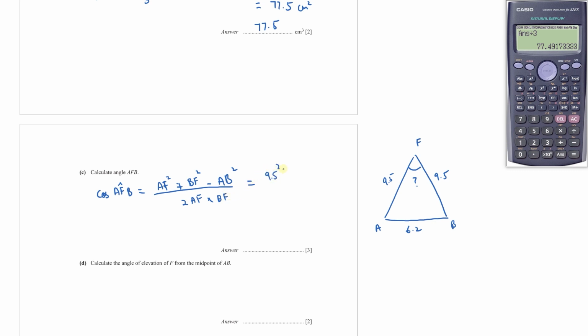So this will be 9.5 square plus 9.5 square minus 6.2 square divided by 2 into 9.5 into 9.5. So let's calculate this.